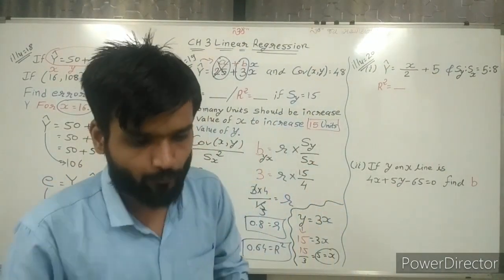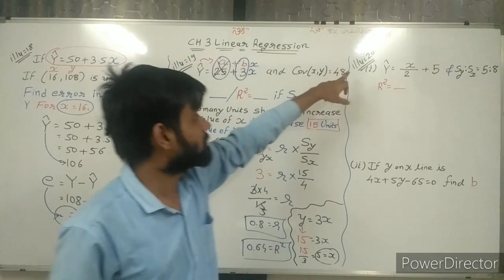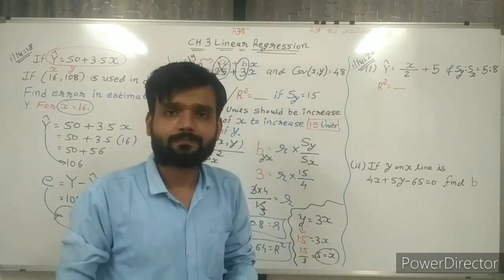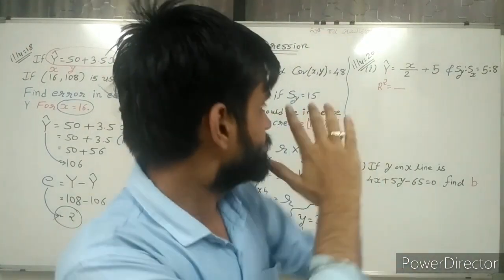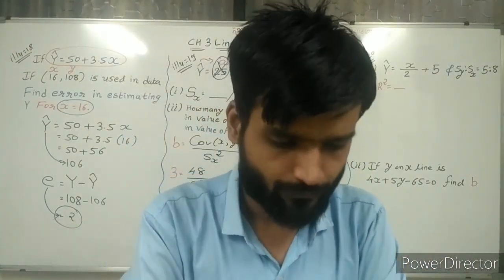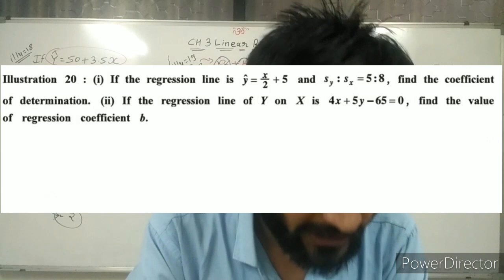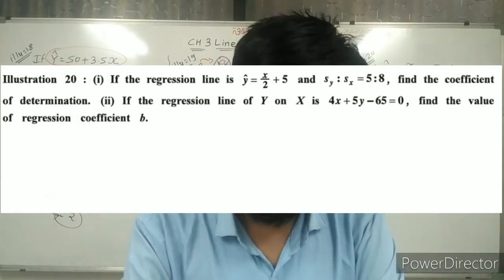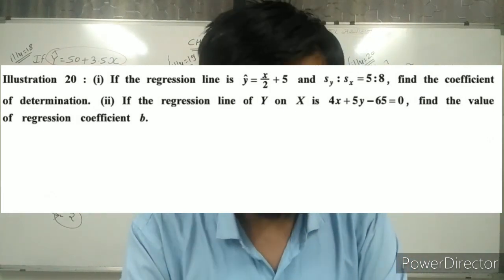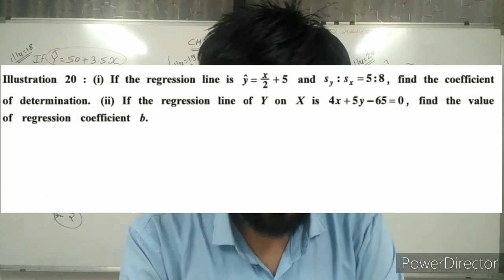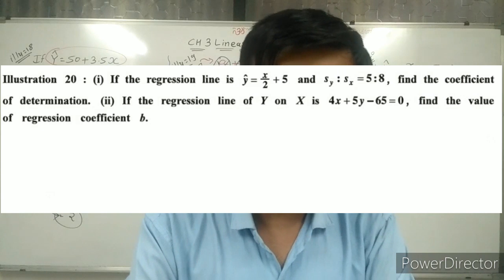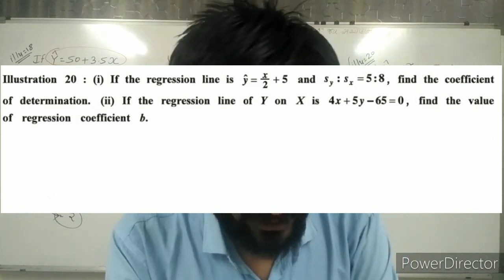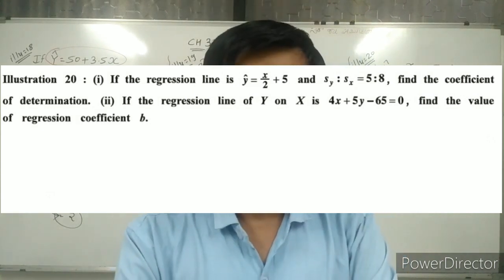That's it. Now, the last, illustration number 20. Again, I am reading that from the textbook, then after that doing it on the board. If the regression line is y cap is equal to x upon 2 plus 5 and Sy ratio Sx is equal to 5 ratio 8, find the coefficient of determination.